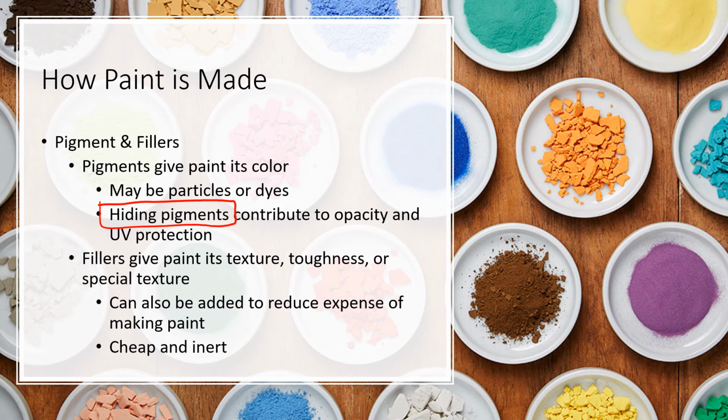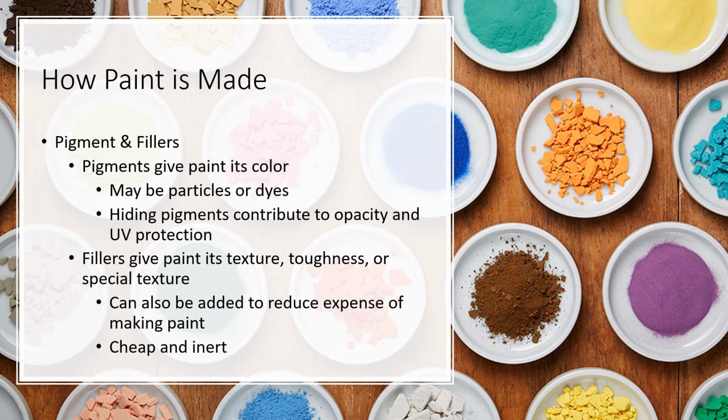That can be extremely expensive and time-consuming, so you can add other types of pigments to contribute to the opacity of that color without increasing the amount of pigment. These pigments will also contribute to UV protection so that it's not faded as easily by the sun. You'll find this most commonly in outdoor house paints or any kind of paint that's exposed to the elements.